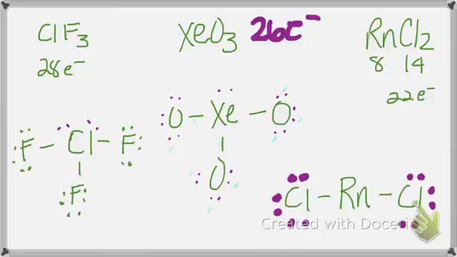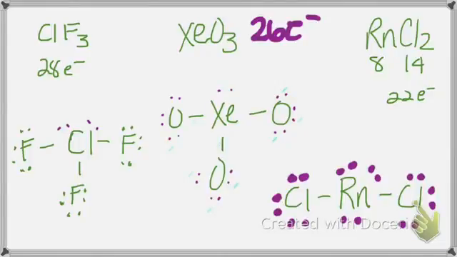All right, how many does that show me? Well, first of all, I don't have enough on radon because he has to have 8, right? So I'm going to put some more on there to give him his 8. How many do I have right now? 20, and I need 2 more. So I just do this, which doesn't make sense. If I'd shown you this in Chem 1, you would have been like, what?